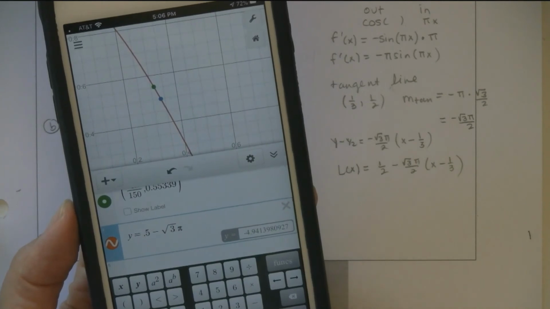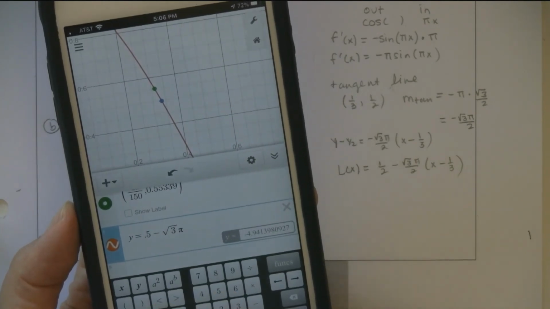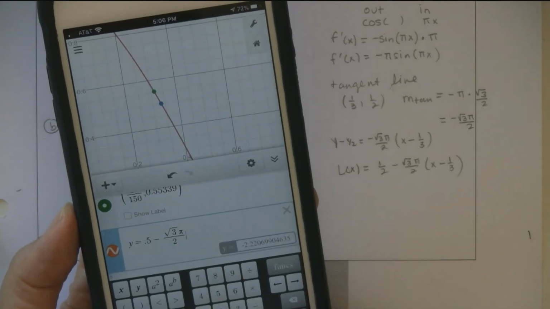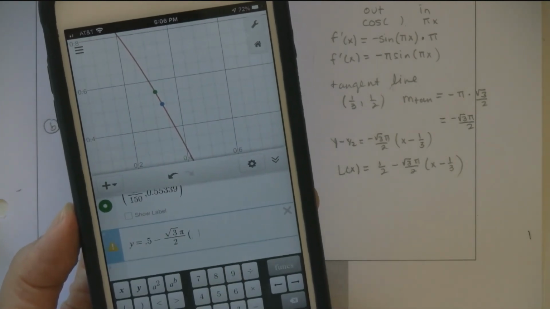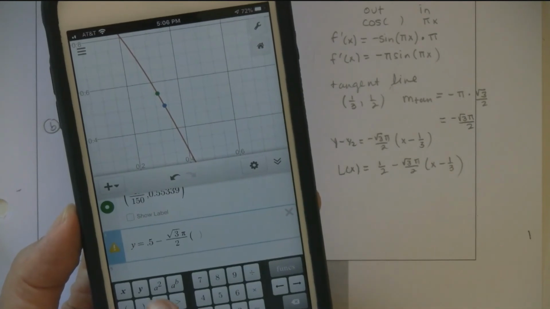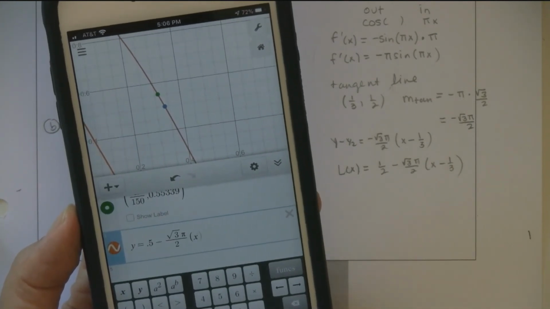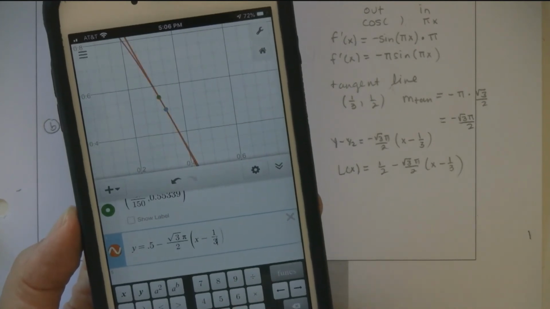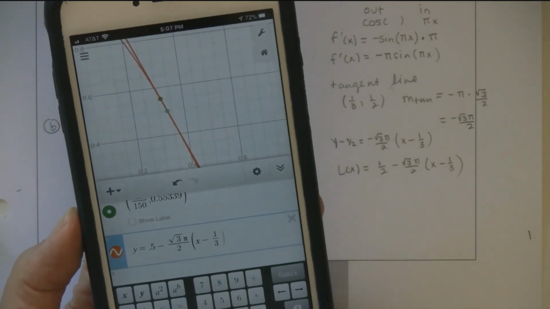I want to get pi. I want to divide that by 2, and then I want to have here parentheses x minus 1/3, and I don't want to put in 0.3 because I don't want to start.